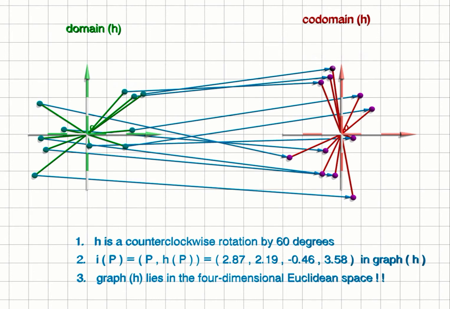If we concentrate, instead of the arrows connecting the domain and the codomain, on the segments connecting the points in the domain to the origin and in the codomain to the origin of the codomain, we can now have a better idea of the action of h and really convince ourselves that it is a rotation, a counterclockwise rotation as stated before.